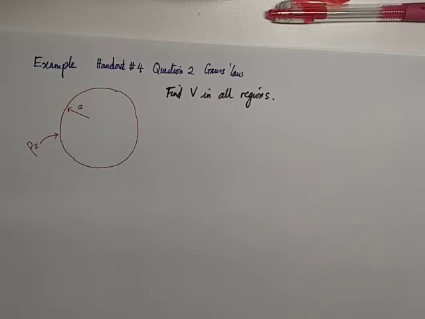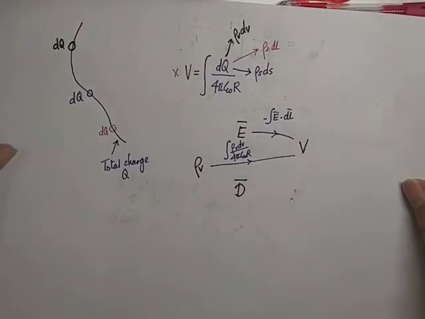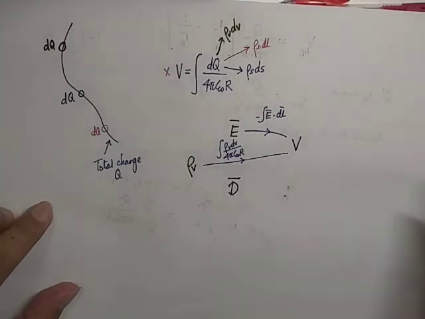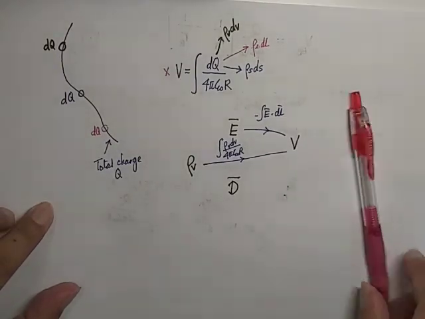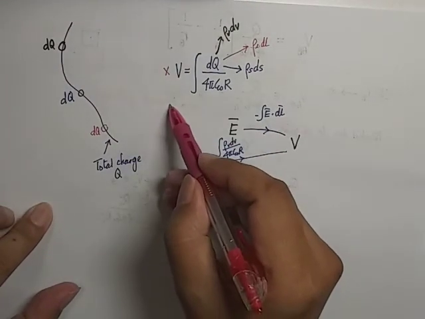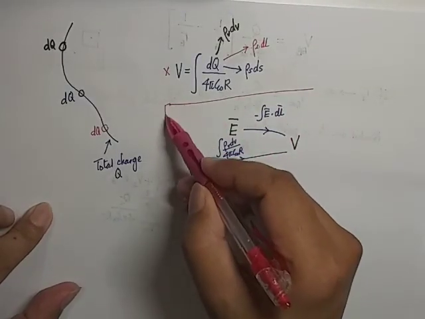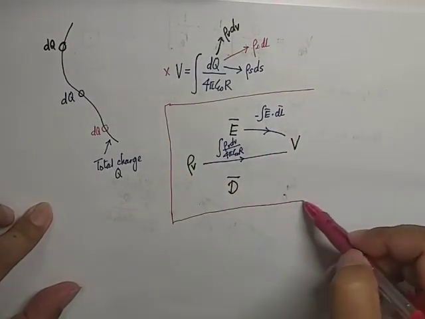Okay, so how do we start solving this problem? Let's recall our last diagram that we developed together. This is the diagram that we are referring to now to plan our approach.